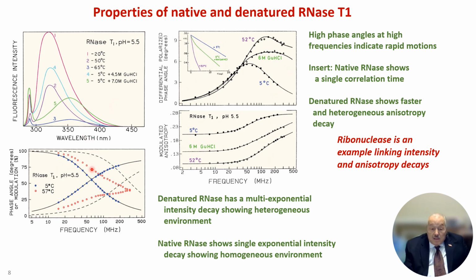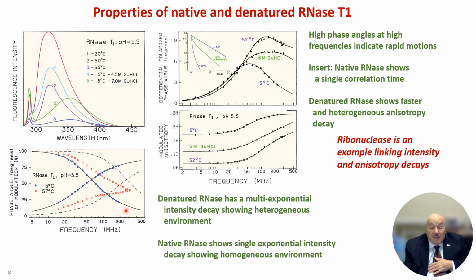Looking at the frequency domain data, we have the frequency response for the native protein, which has the nice symmetrical single exponential response. And in the denatured protein, the decay becomes much different from the single exponential shape. It's obviously a multi-exponential shape.